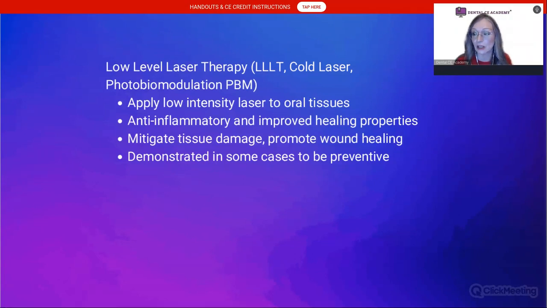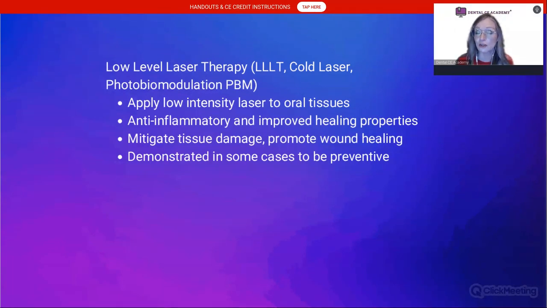And Annette Quinlan here, who I'm sure Dr. Cutler knows, has really gone on tour talking about the use of photobiomodulation to help prevent and/or manage oral mucositis. It's one of the few tools we have in our armamentarium.